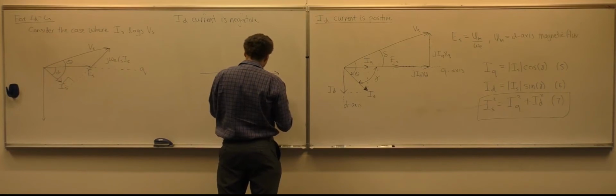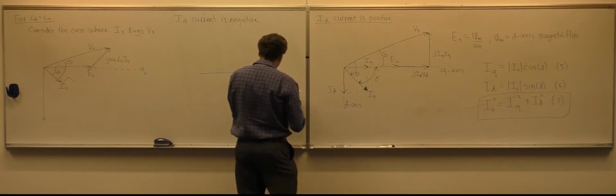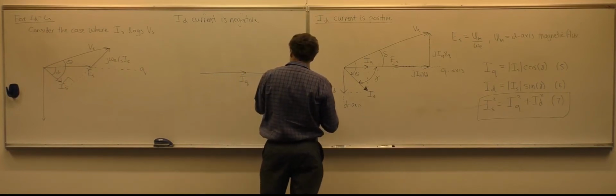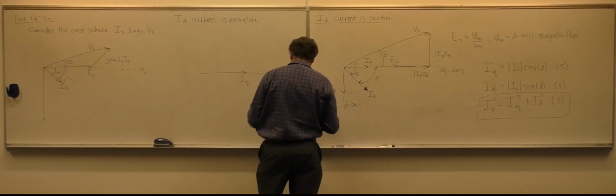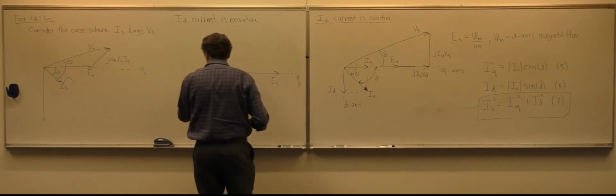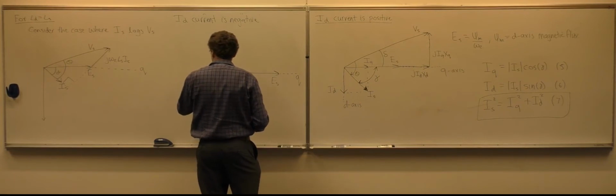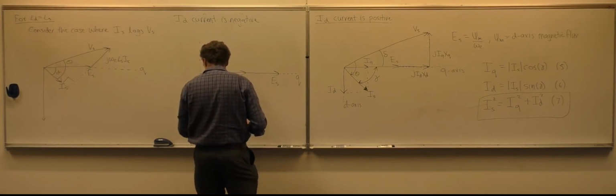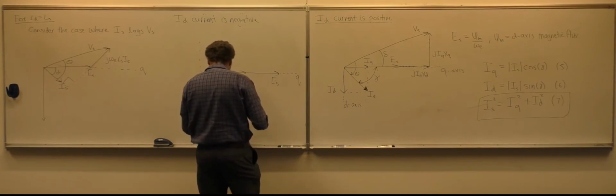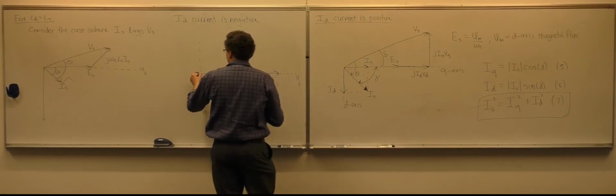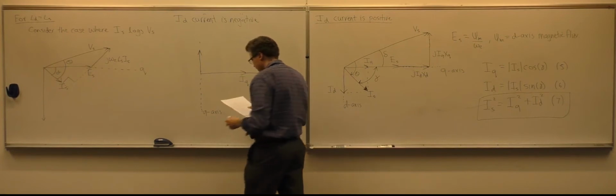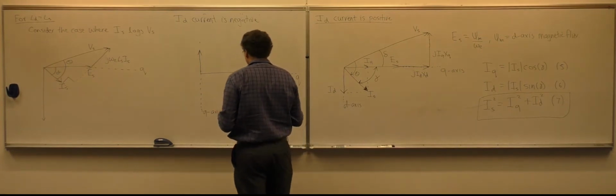So we have IQ, and this is ES here. That's along the q-axis, and then this 90 degrees to the q-axis must be the d-axis. So we could have a current going in the negative of the d-axis.